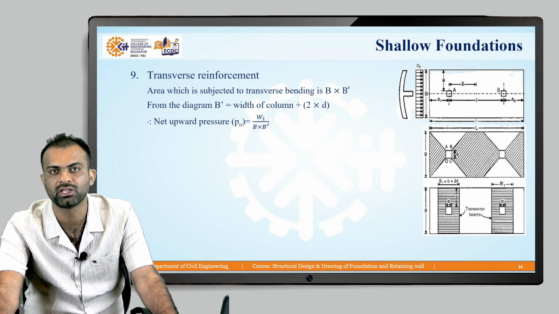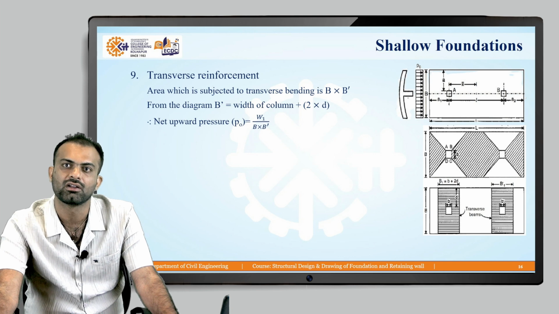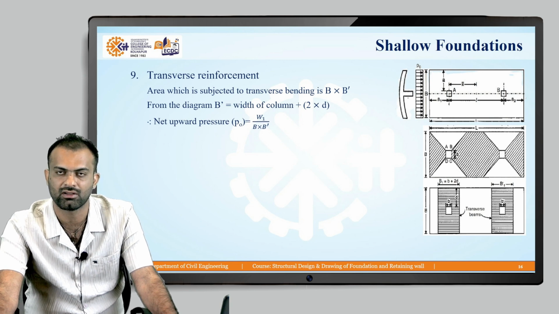Earlier we used B into D because we considered the total width of the foundation as affecting the net upward pressure. In the transverse direction, only this portion is affecting the net upward pressure. So by considering that assumption, we are going to calculate the net upward pressure using this formula.